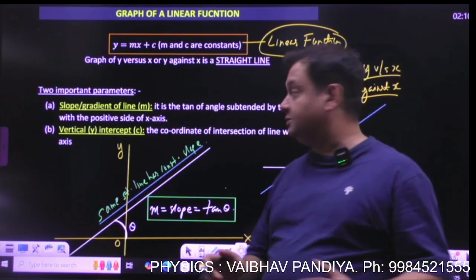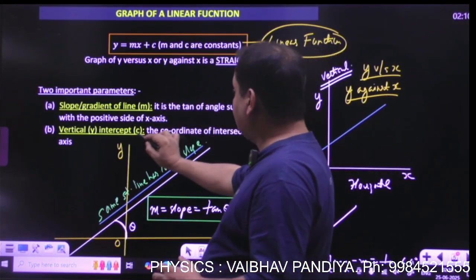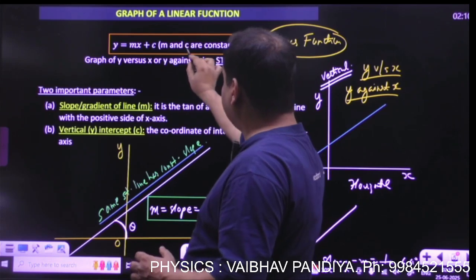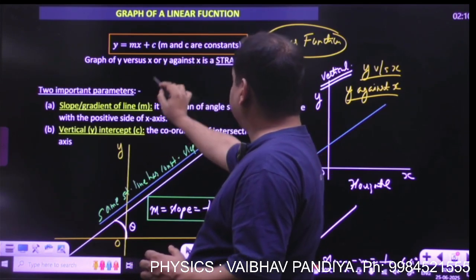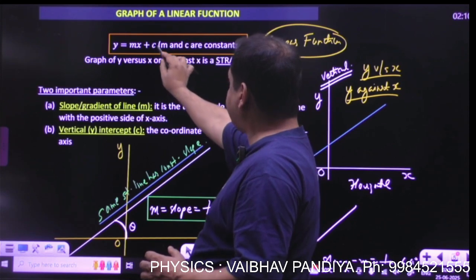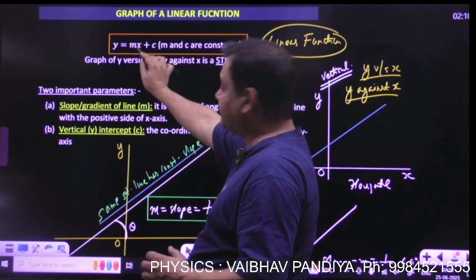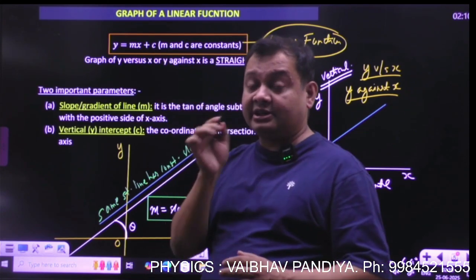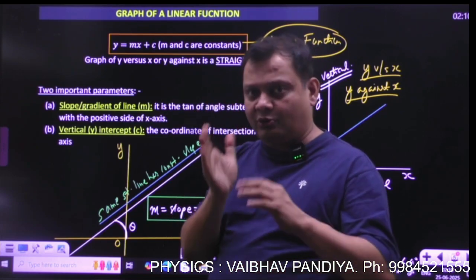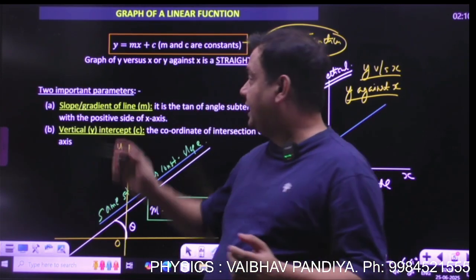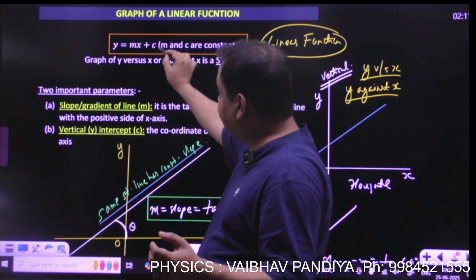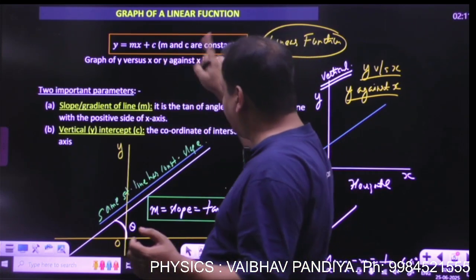The second parameter is the y-intercept, or the vertical intercept. This intercept is given by this constant, which is a separate constant. The coefficient of x will give you the slope. If in the straight line you have 5x, the coefficient of x is 5, so the slope will be 5. And this single constant term will give you the y-intercept.